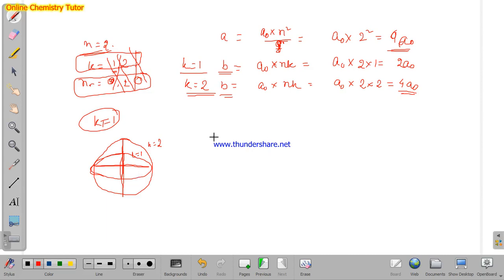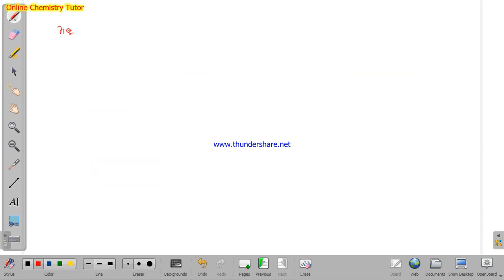Next, for n equal to 3, what happens? Now nr equals 0, 1, 2, and k equals 1, 2 and 3. So the value of a equals a0 into n square, that is a0 into 3 square, equal to 9a0. And what about b? b equals a0 into nk.